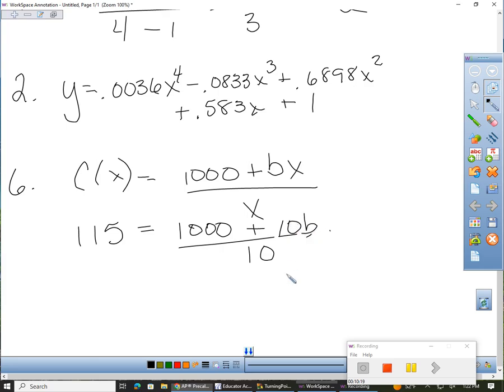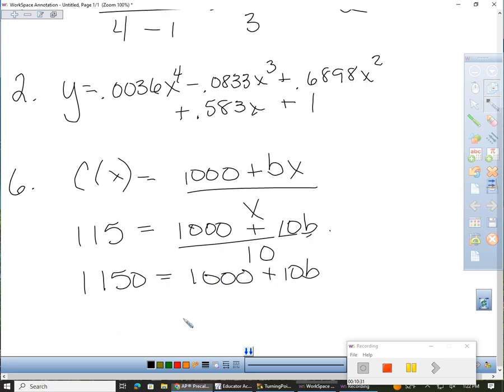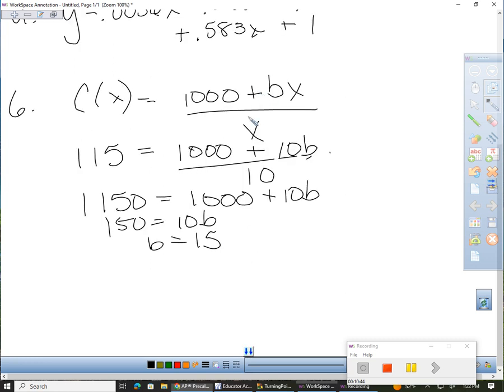So I'm going to multiply my 10 over. So I have 1,150 equals 1,000 plus 10b. Subtract 1,000, I get 150 equals 10b. So b equals 15. So now we can use this equation to do our slope. Because we now know what b is.